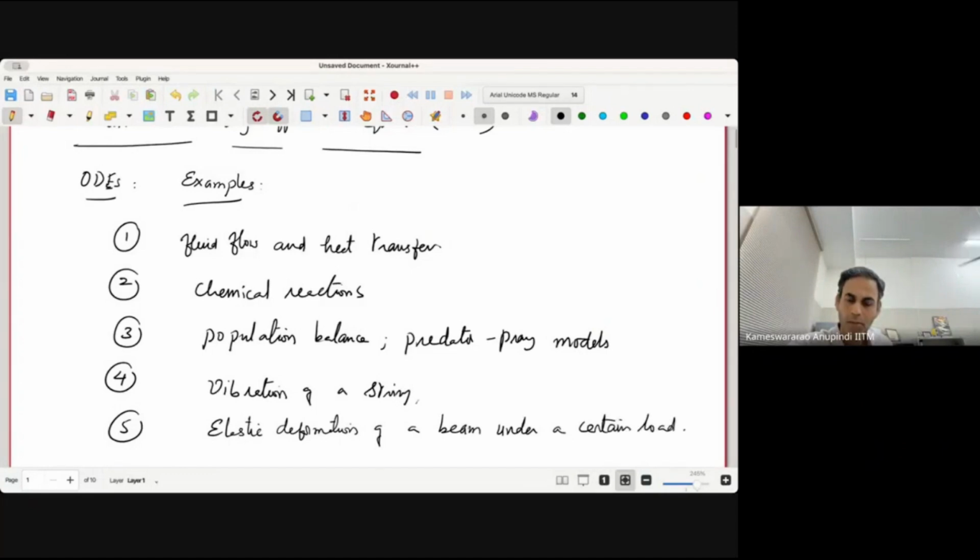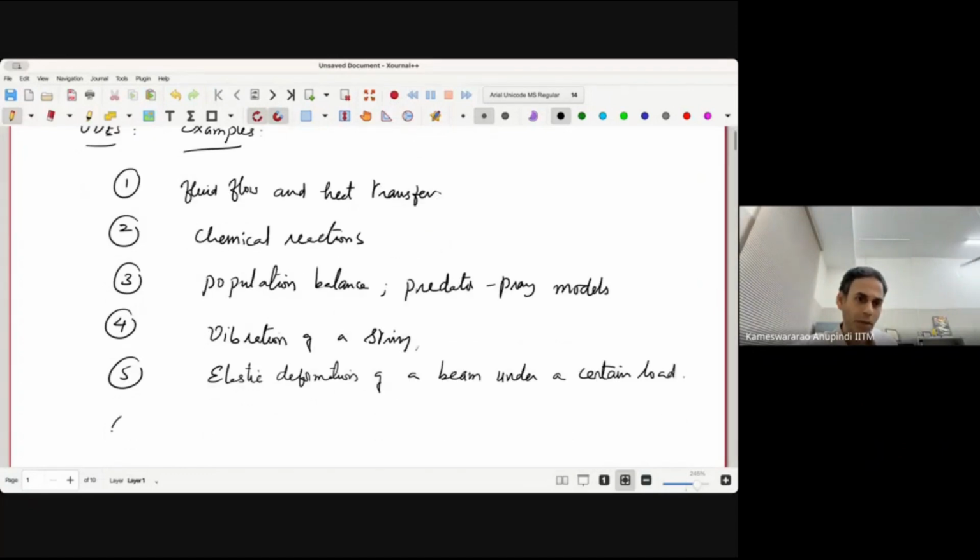And many other examples. Or even, for example, if you take electrical engineering, you have the RLC, the resistance, capacitance, and inductance circuit. This is governed through an ordinary differential equation, and many other examples. So these are all areas where you will come across ODEs.